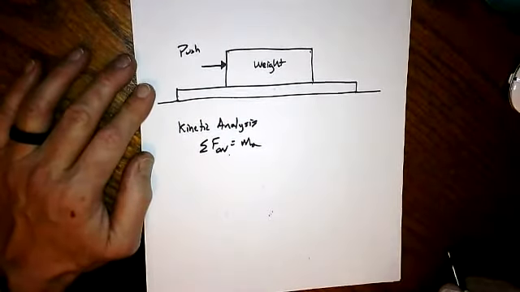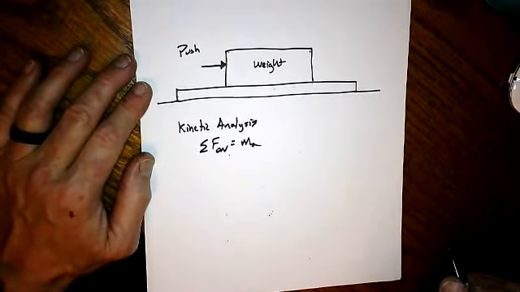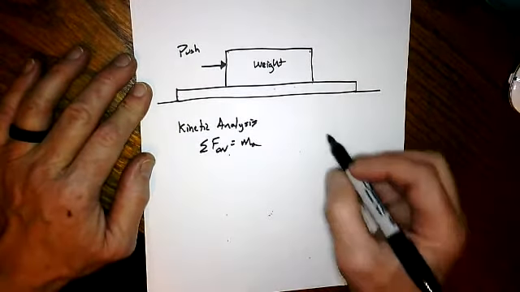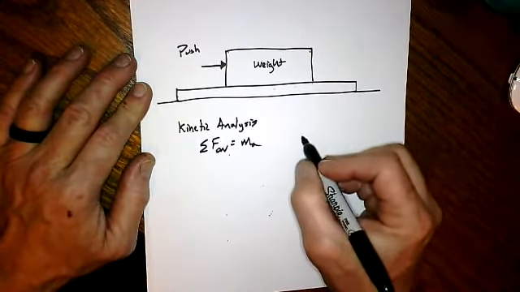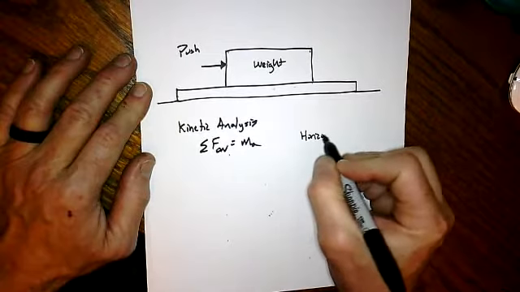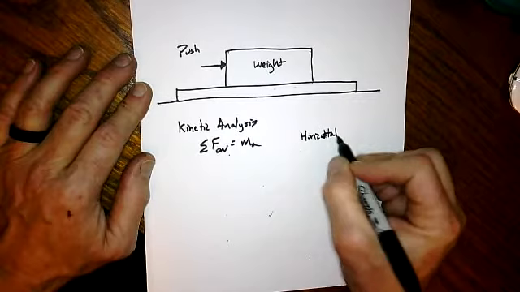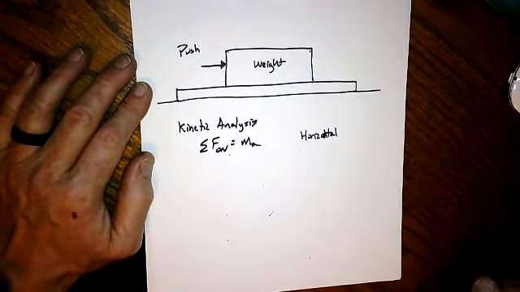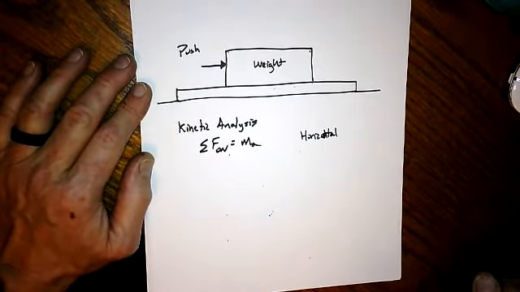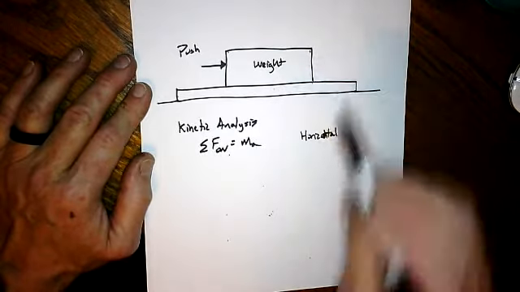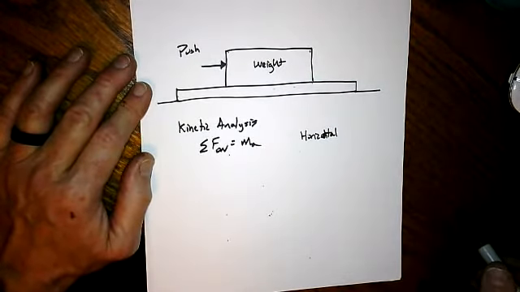And what's really important is we're going to do one dimension at a time. So right now I'm only going to deal with the horizontal direction. I'm not going to concern myself with the vertical or if there's any side-to-side movement, okay?